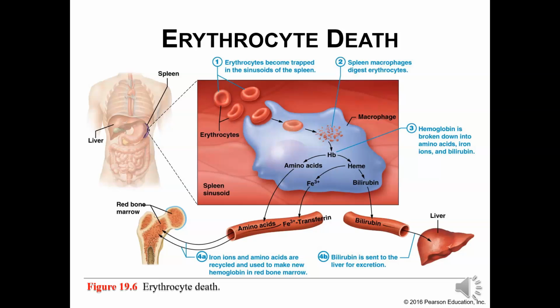The iron is taken out and then transferred back into the blood, bound to transferrin, back to the bone marrow. The iron ions and the amino acids are then recycled and used to make new hemoglobin in your red bone marrow. And then the bilirubin is sent to the liver for excretion. Remember, the bilirubin is going to be added to the bile and then sent back to the duodenum via the gallbladder.